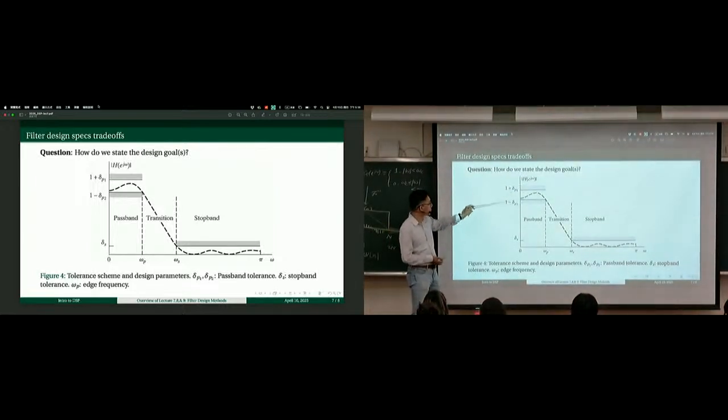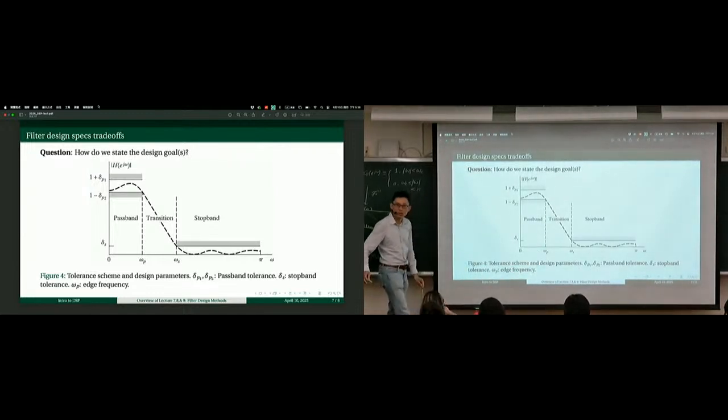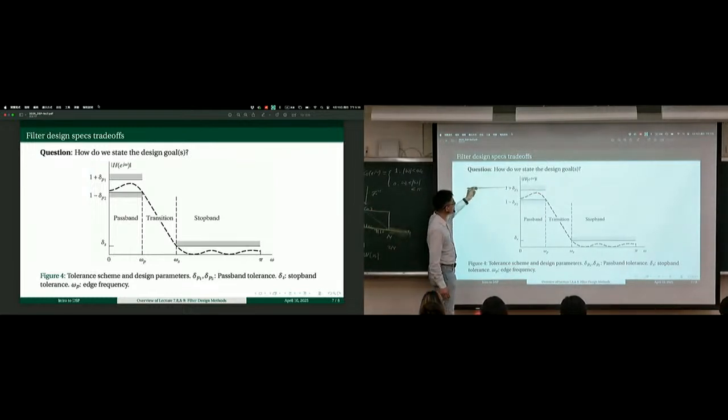Delta P1 and delta P2 are called the pass band tolerance. If the gain is within this interval, then we say, okay, that's fine. You've satisfied my specification, I'll accept it.